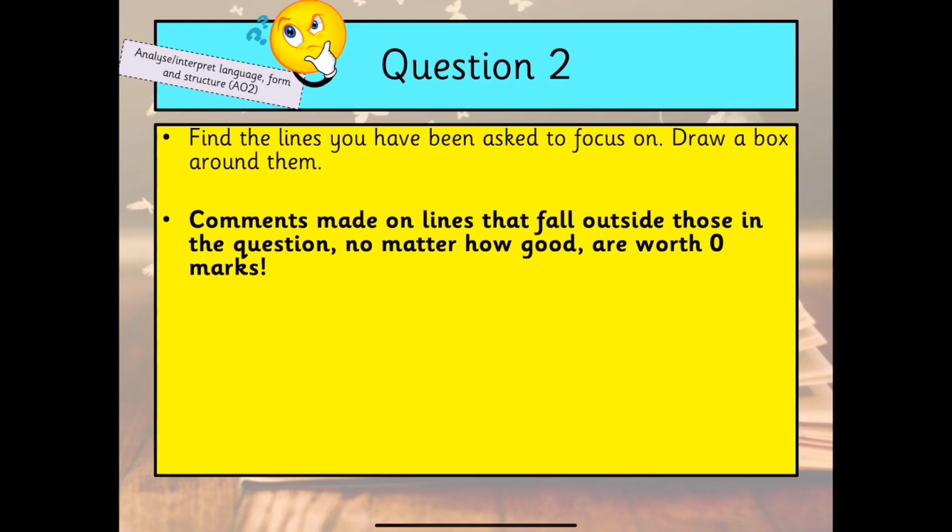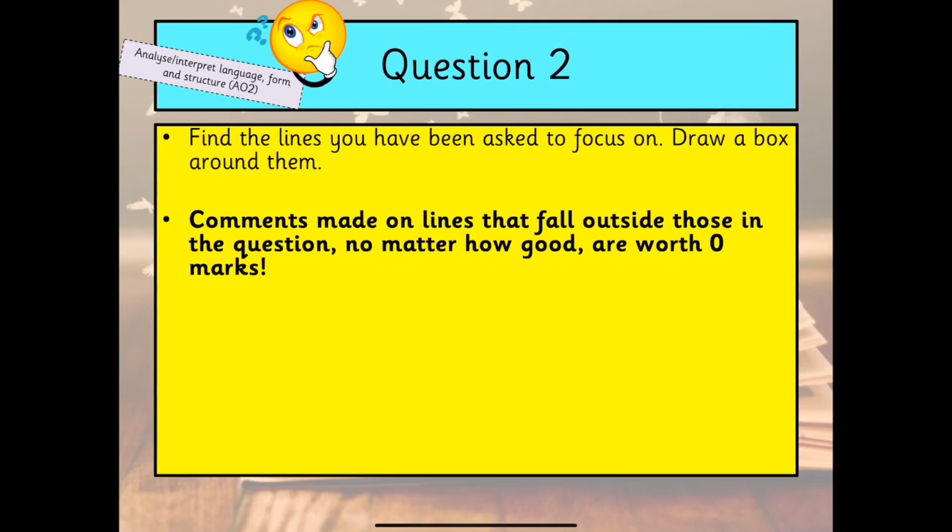So just drawing a box around those lines will focus your reading. It will stop your eyes from wandering up or down the page and keep your eyes focused on what is relevant. It is worth letting you know that in the exam paper, AQA do reproduce the named lines just above question 2, so you will have them right there above the question to make sure that you are looking in the right place.